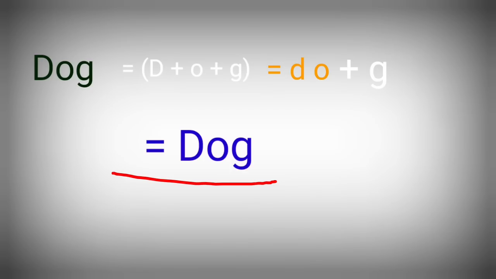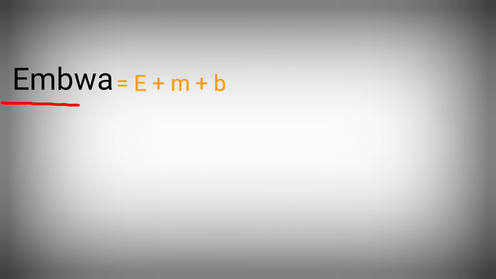Dog in Luganda is embwa. First three letters: E, M, B. Is that a vowel letter? Yes, and that is E. How is E pronounced? A. EMB is emb.